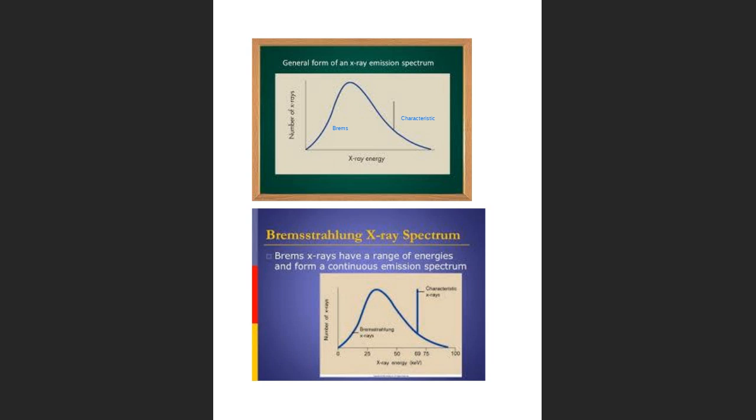Once we hit the anode, do all of those electrons that travel across the tube from cathode to anode result in X-rays being produced? No. Correct.